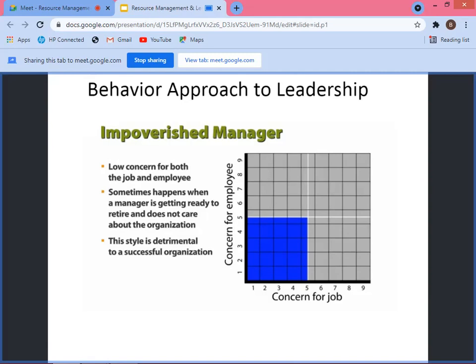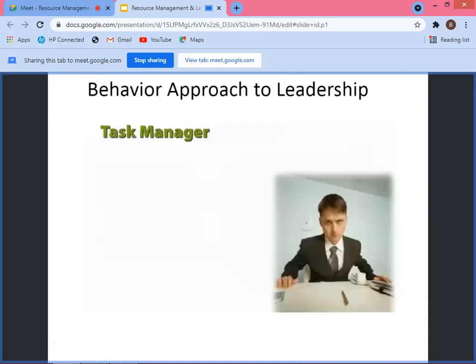I don't have to wait for 1 year. I don't have to wait for 6 months to retire him. I want to retire him now. I want to get rid of him already because this style is detrimental to a successful organization. He's not concerned for the job, he's not concerned for employees. So what do you expect? You expect nothing from him. Okay. So that is the impoverished manager.